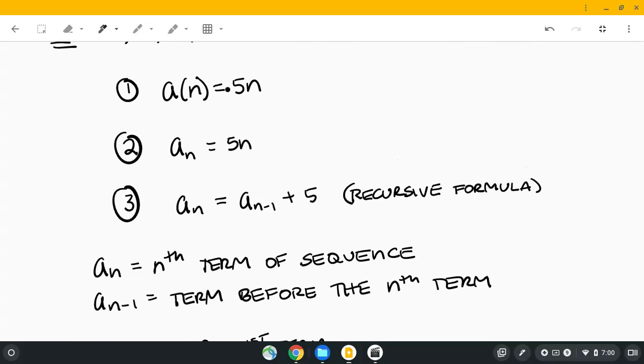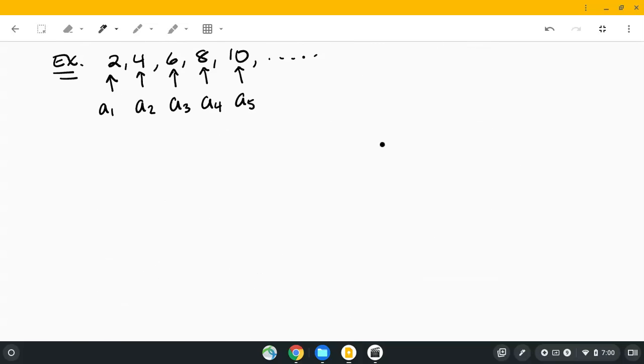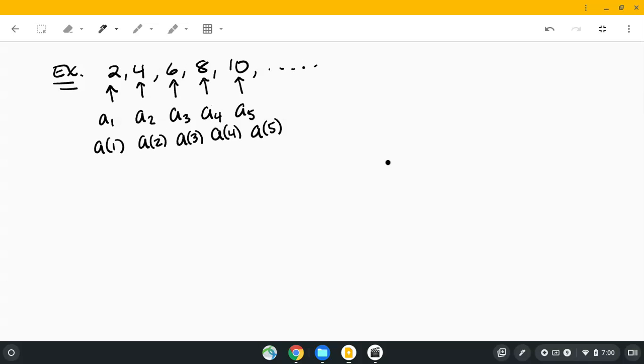If we want to use function notation, then we would just write it like this instead: A of 1, A of 2, A of 3, A of 4, and A of 5. So that's using function notation. Over here, what we're trying to do is find the formula for A_n.